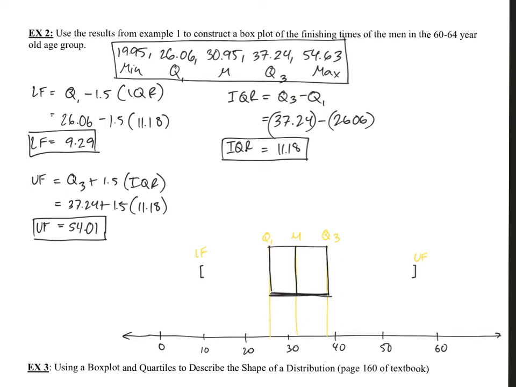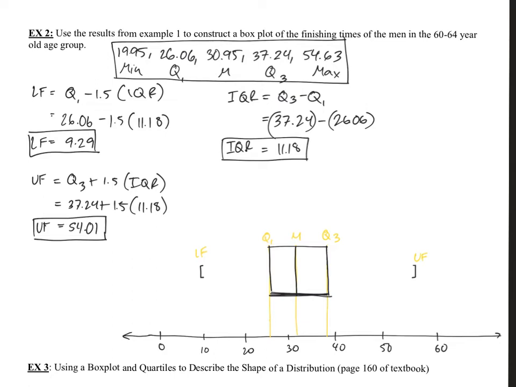And what else do we need to do? We're going to draw a line from Q1 to the smallest data value that is larger than 9.29, and a horizontal line from Q3 to the largest data value less than 54.01.